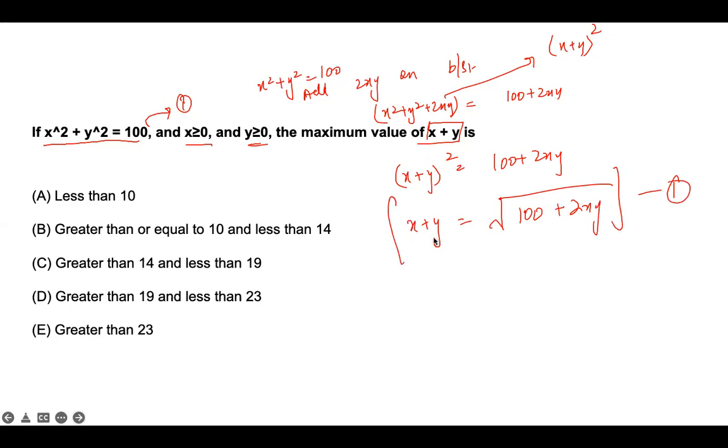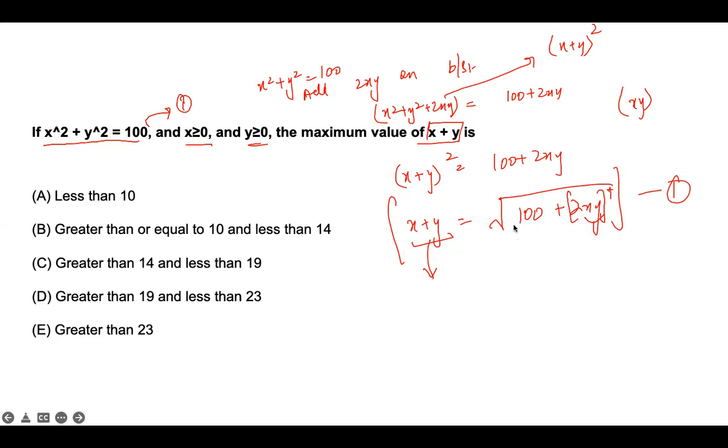So if I want to maximize this, that is only possible if we have maximum value of x into y, because in the square root of 100 plus 2xy, 100 is a fixed value. In case we could get a maximum value of this, then we could have a maximum value for x plus y.